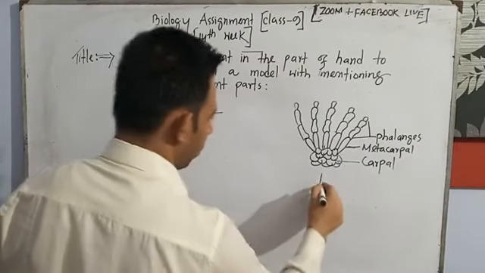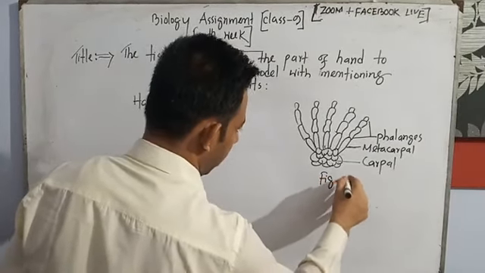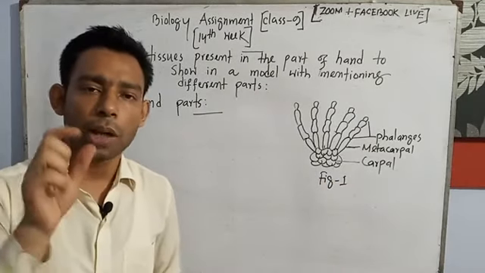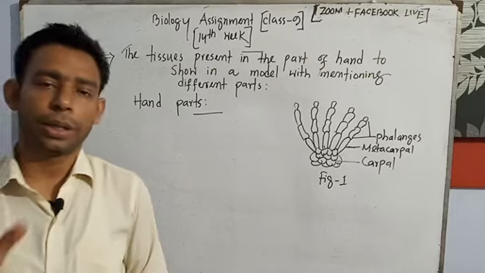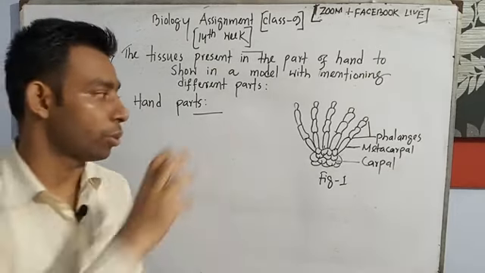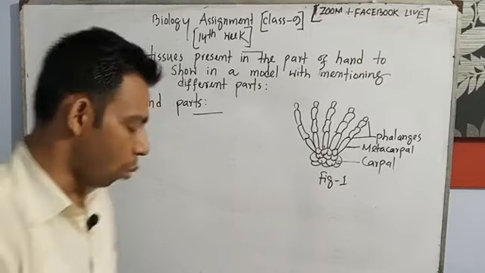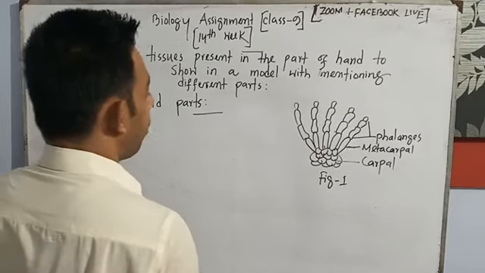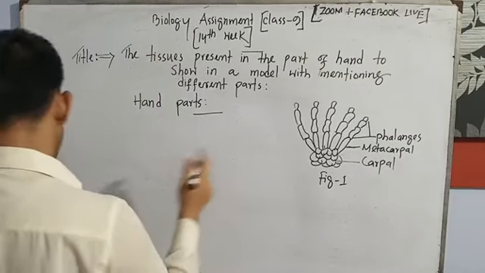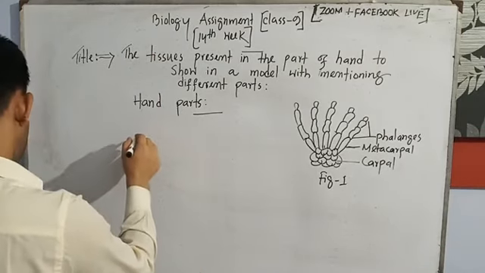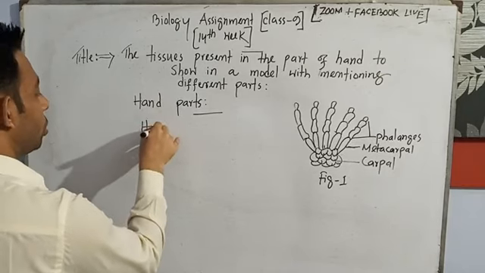Okay, the figure 1. We already drew figure 1 in the model. Since the assignment asks you to draw the figure in the model paper, it is better to know and write figure 1 and which part is mentioned there. Okay, the bone after figure 1, if we see, hand bones.